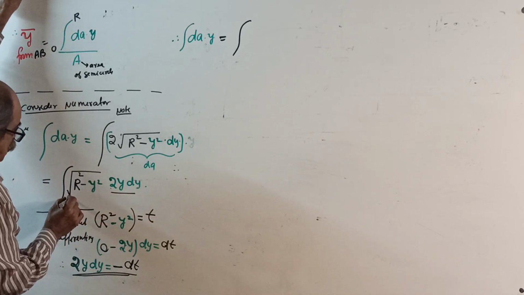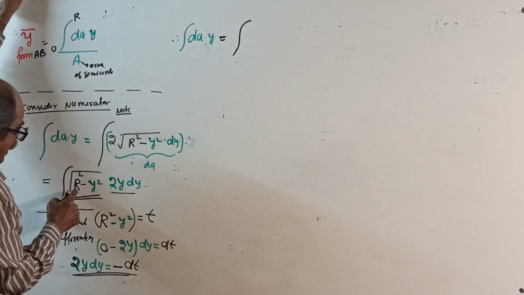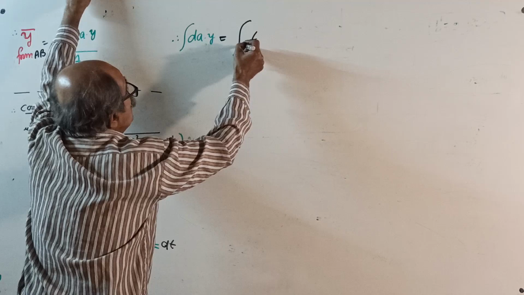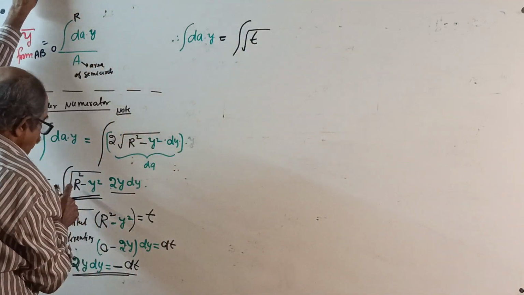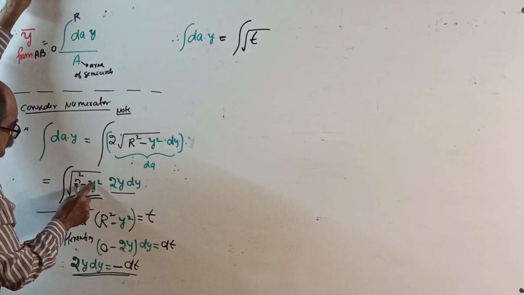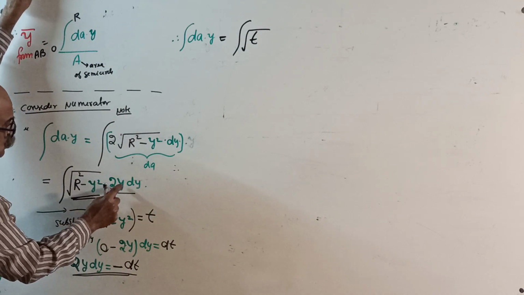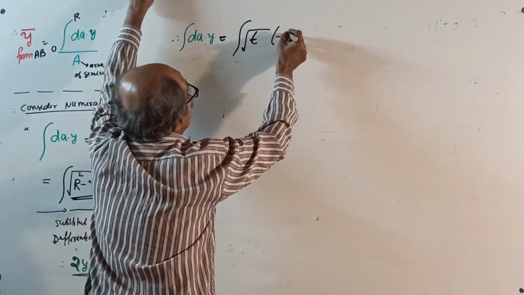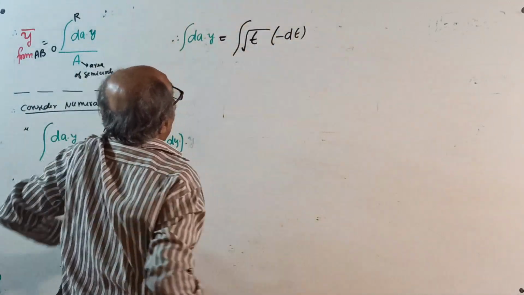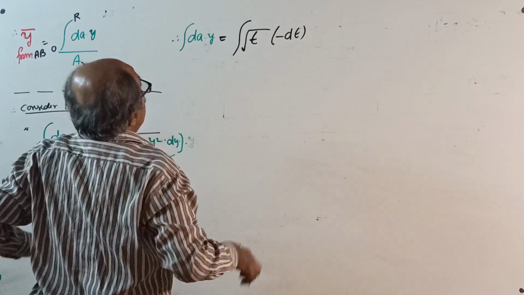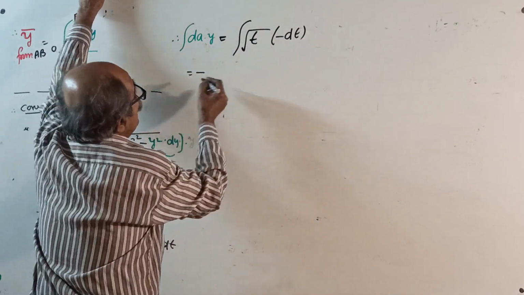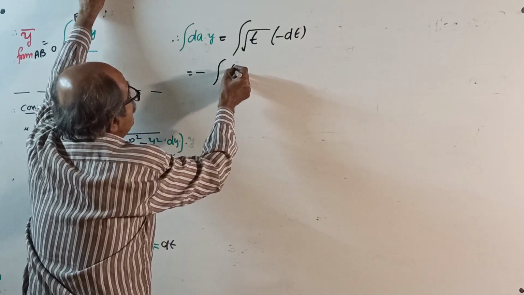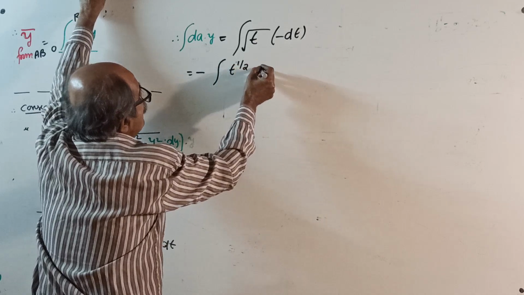Here r square minus y square is t, so we replace it: root t, and 2y dy is minus dt. Root t into minus dt. This becomes minus, outside, the integration of t power half dt.